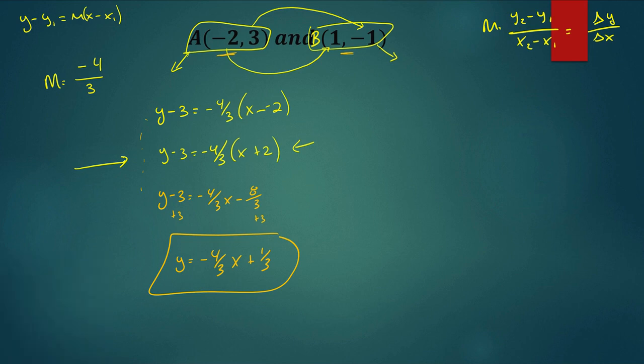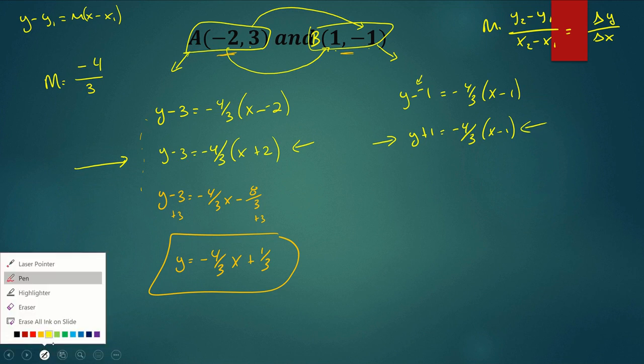And so I'm going to repeat the same process, but this time instead of using -2, 3 as my point, I'm going to use 1 and -1. And hopefully I get to show you that we get the same exact thing, okay? So once again, when that happens, we simplify. So y plus 1 equals -4/3 x minus 1. Once again, if you were to get to this step right there, you're golden, you're good.